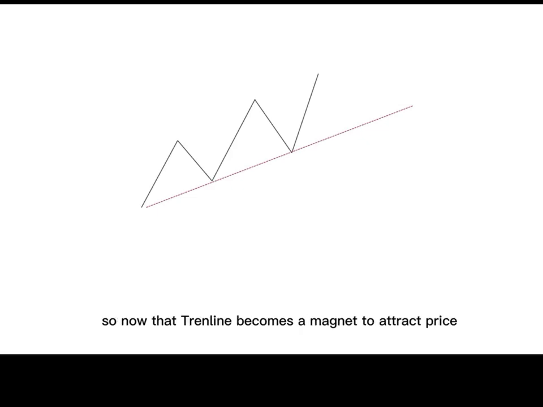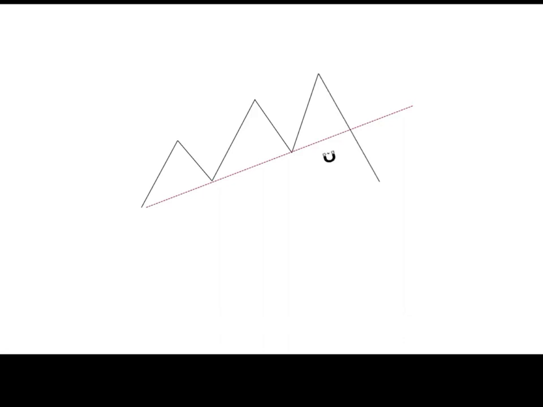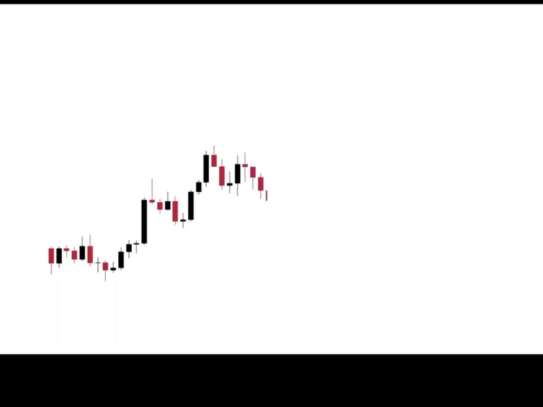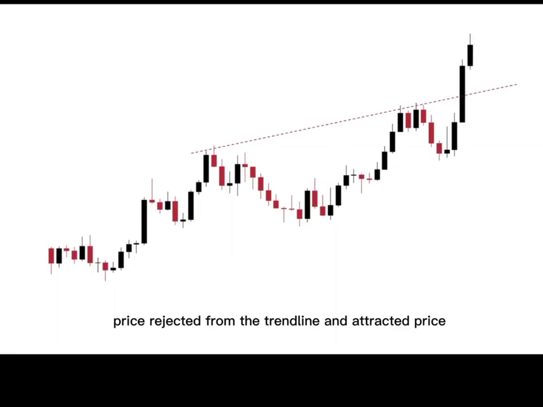So now that trend line becomes a magnet to attract price. So here we have an example of trendline liquidity. Price rejected from the trend line and attracted price.